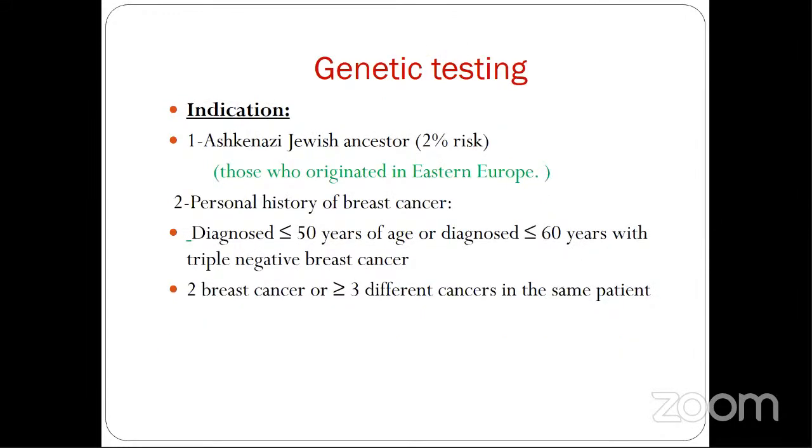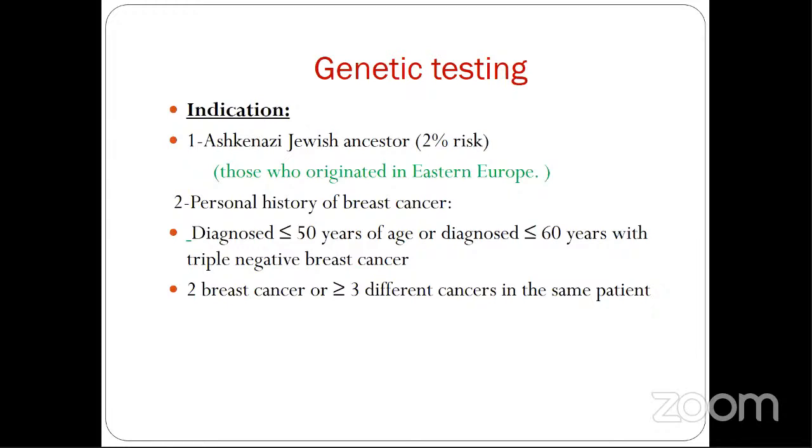Then genetic testing. When do we do genetic testing for patients with breast mass or breast cancer? Ashkenazi Jewish, about 2%, these are people who originate in Eastern Europe.